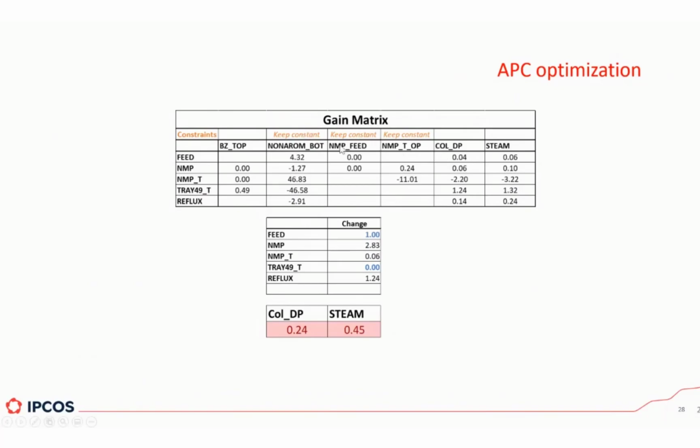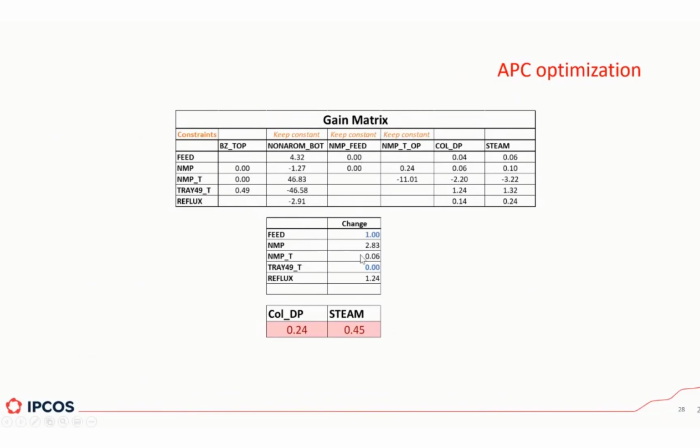If you want to keep all of them constant, what would happen if, for example, I increase the feed 1 engineering unit? Well, to keep these 3 constant, what will happen is, first of all, the solvent itself will have to increase to keep the ratio, right?